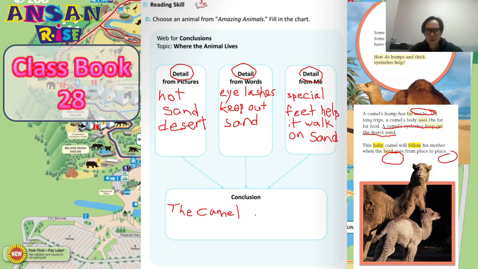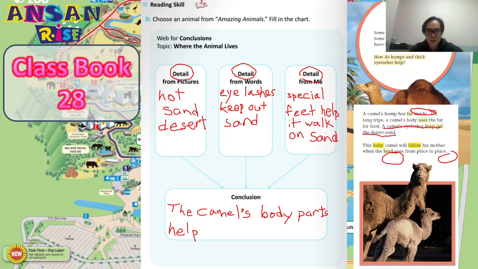So we know that the camel body parts, whose body parts are they? They're the camel's body parts. So we need to put, they belong to the camel. So we put apostrophe and S. The camel's body parts. Oops, I don't need a period there. The camel's body parts, what do the camel's body parts do? They help.